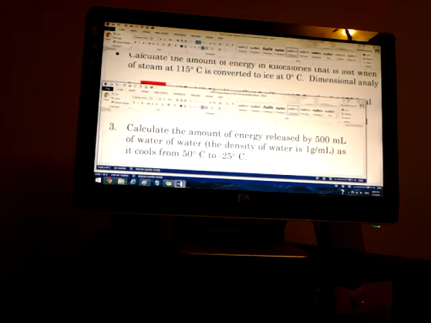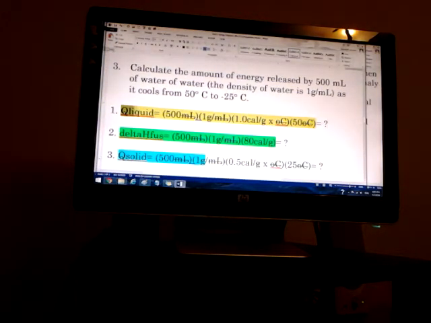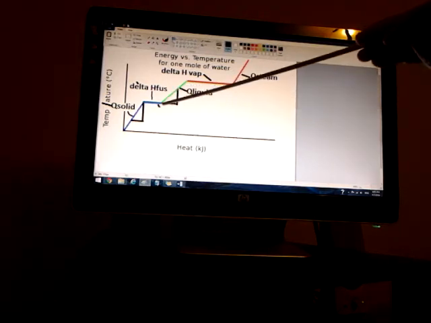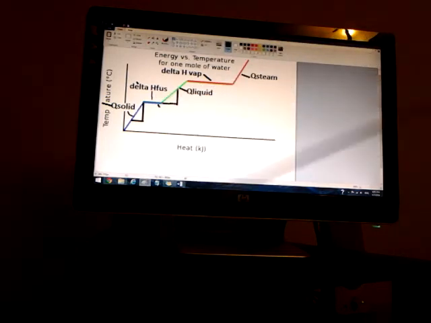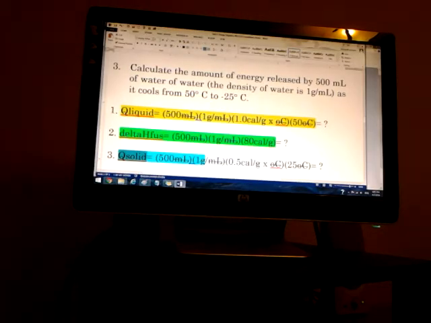In the problem, we need to find the Q in liquid, the delta H fusion, and then the Q in solid. The first part, you know that the temperature is 50 degrees Celsius, and it moves down to 0 degrees Celsius when the water starts to freeze. So you can plug in MC delta T, and you'll get 500 milliliters, but then you have to convert that to grams.